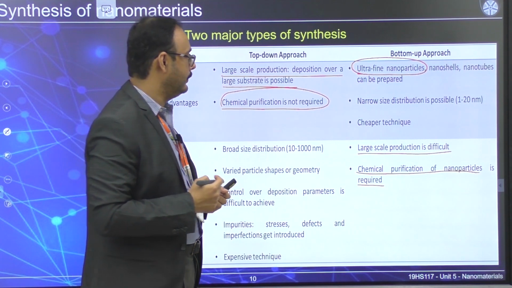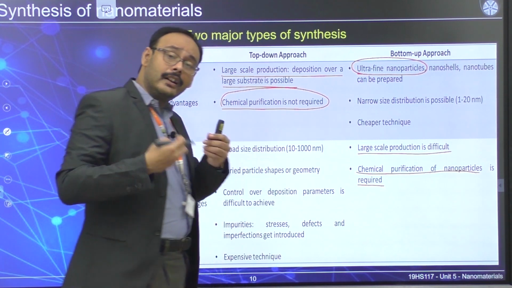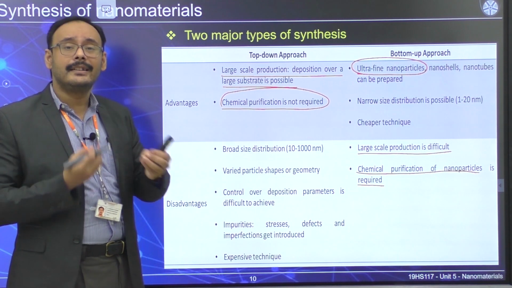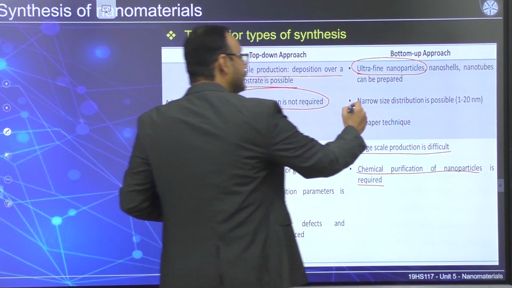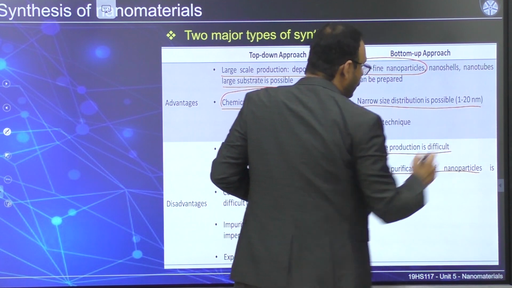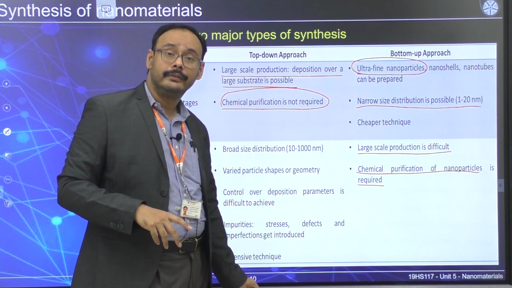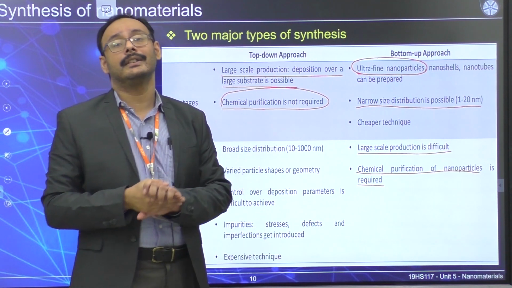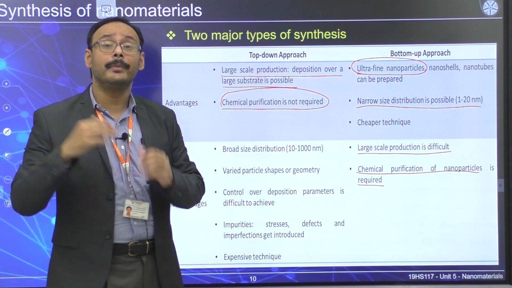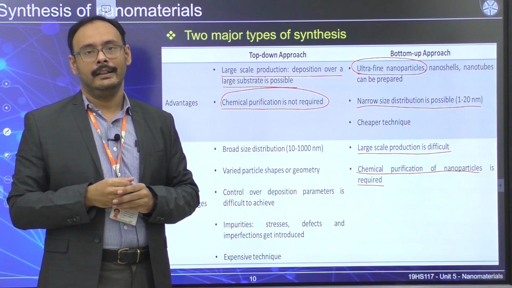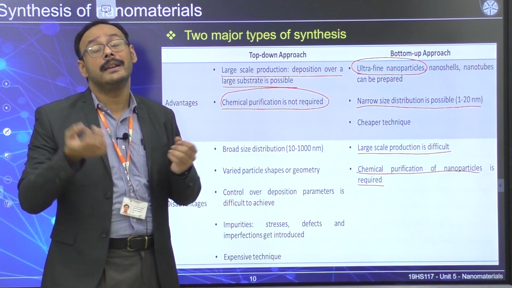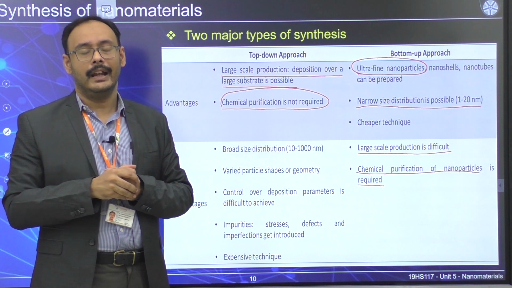That can also be done. And because you are controlling at the atomic scale, there is a possibility that you will have narrow size distribution. What do you mean by narrow size distribution? If you remember, last time when we discussed the classification, I said something about the uniformity, whether all particles are of the same size or not, right?